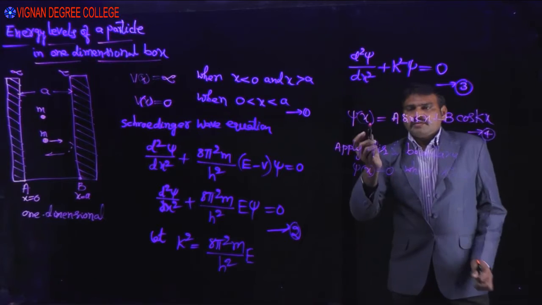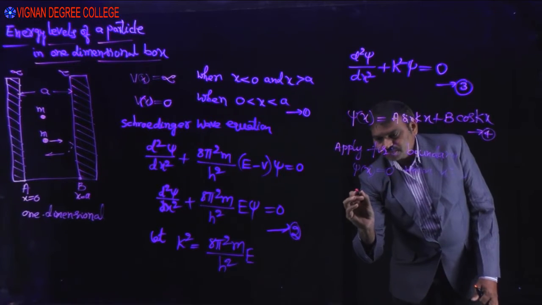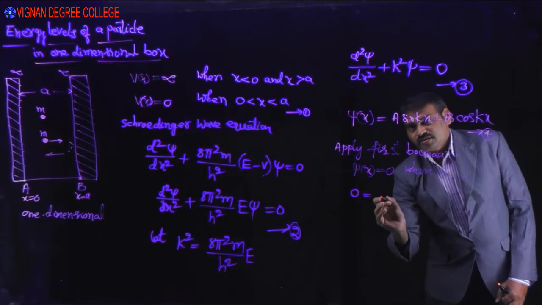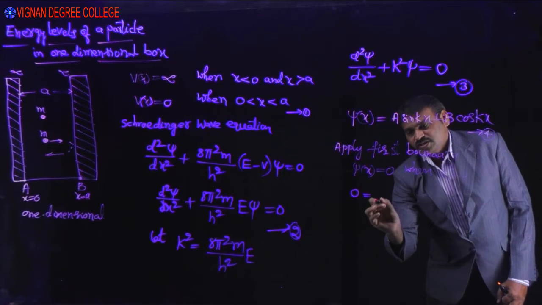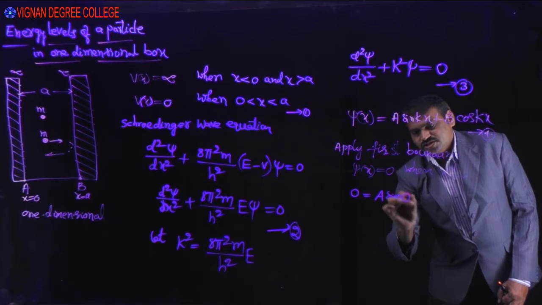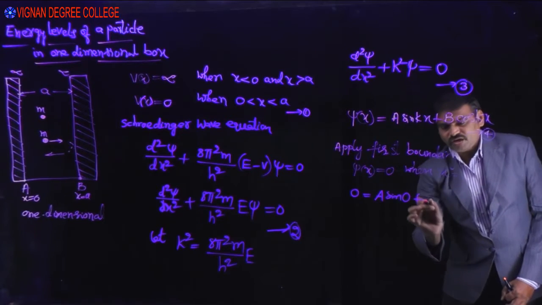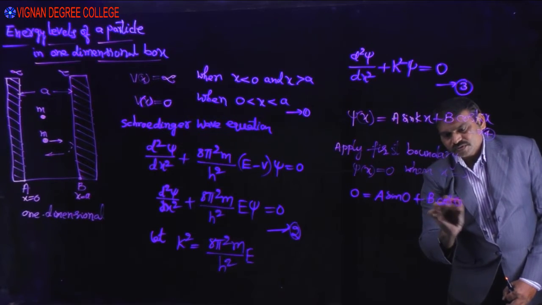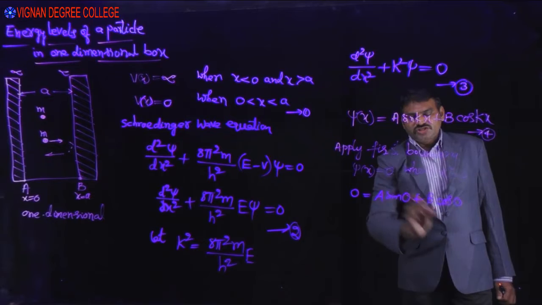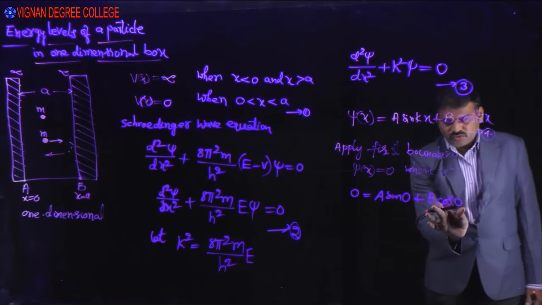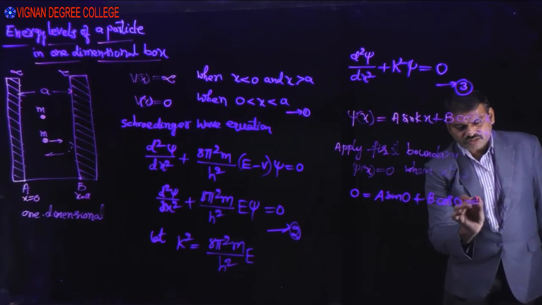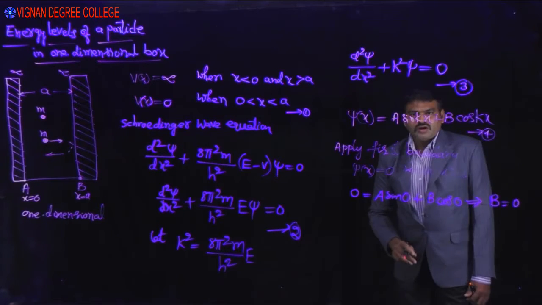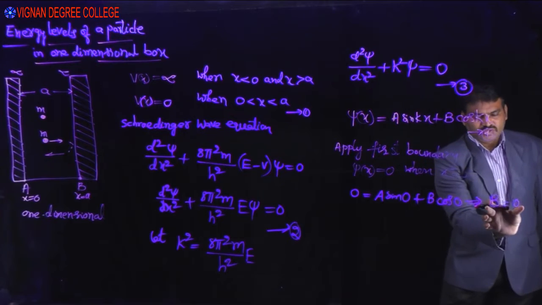So psi of x is equal to 0 is equal to a sin k into 0, that is a sin 0, plus b cos k into 0, cos 0. Here sin 0 is 0, cos 0 is equal to 1. This implies b is equal to 0. One constant b is equal to 0.